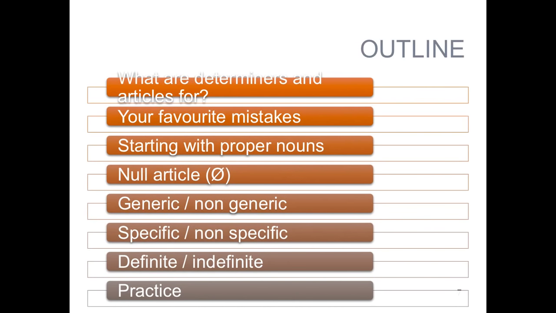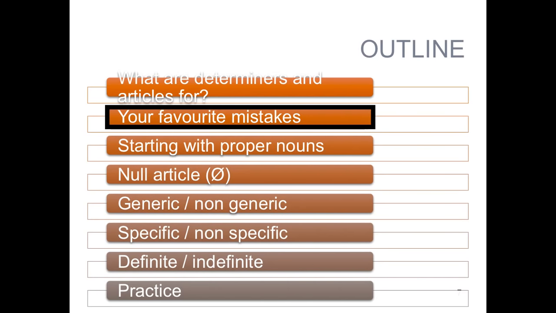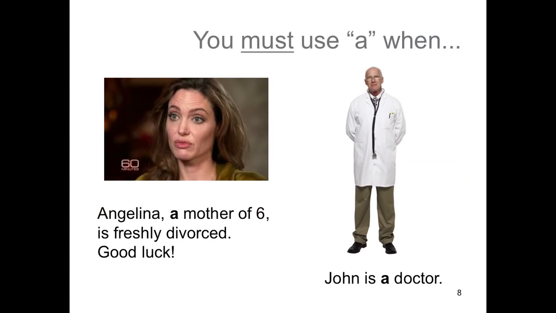So let's continue now, and we're going to start with your favorite mistakes. We have already talked about articles, actually, when we studied the classification of nouns, remember? So here is a quick recap about what you should already know by heart, but which can be confusing sometimes. First of all, a or an must be used with a singular count noun, even in appositions, contrary to the French.